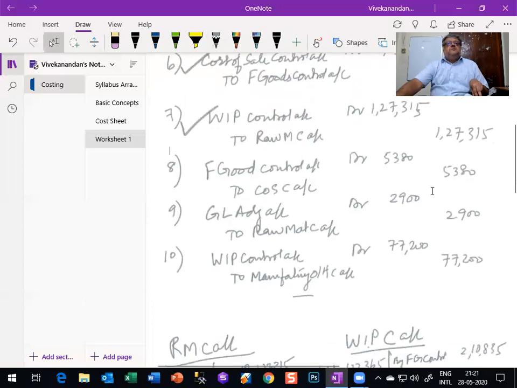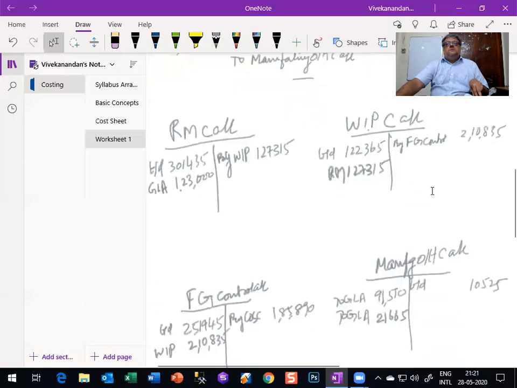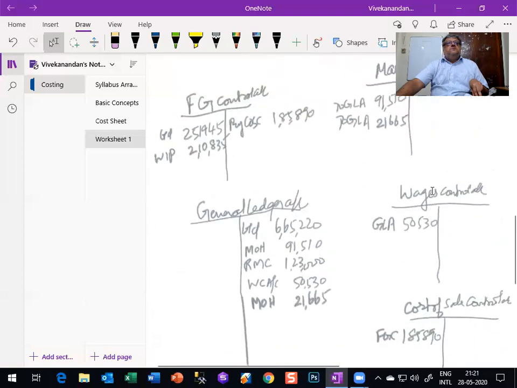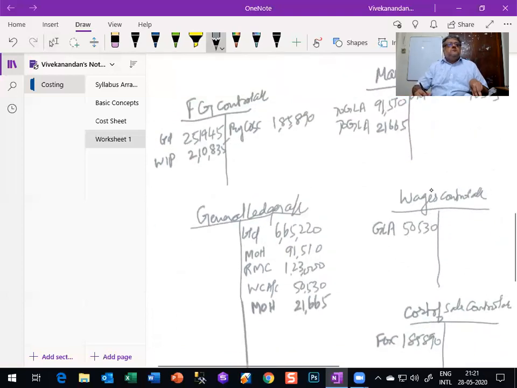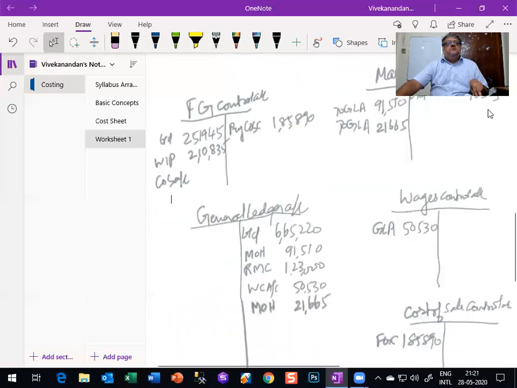Next is finished goods control account to cost of sale control account. How much? I think this is the returns, 5,380.